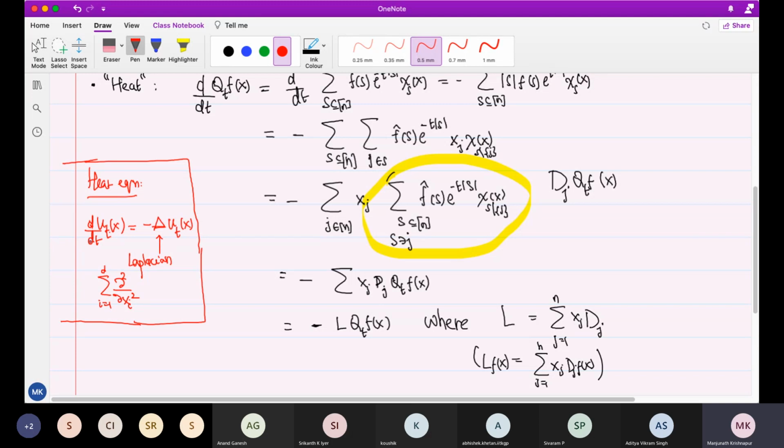So you had the time derivative on one side and the second derivative on the other side. But in general, it is the sum of the second partial derivatives. That's the Laplacian. Now you see the similarity to this. Here d by dt Q_t f is giving some differential operator L times Q_t f of x, and this L is taking the place of the Laplacian. So we'll call this the Laplacian actually.